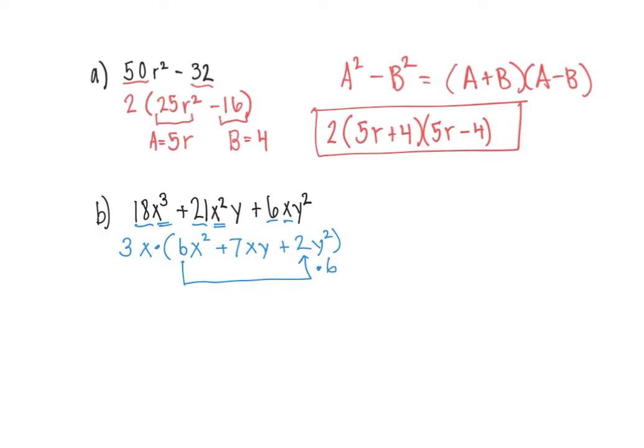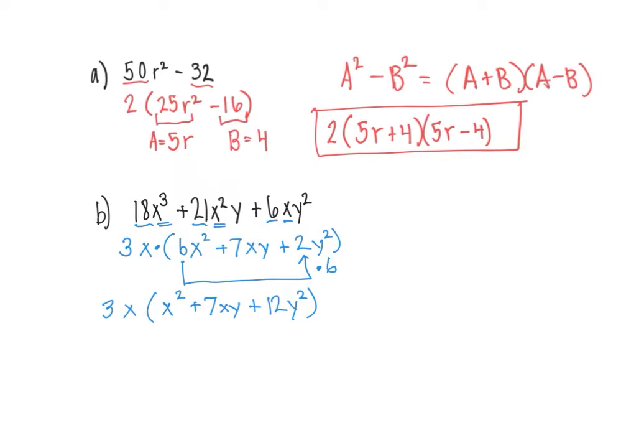I'll divide that back out at the end. So I end up with x squared plus 7xy plus 12y squared.